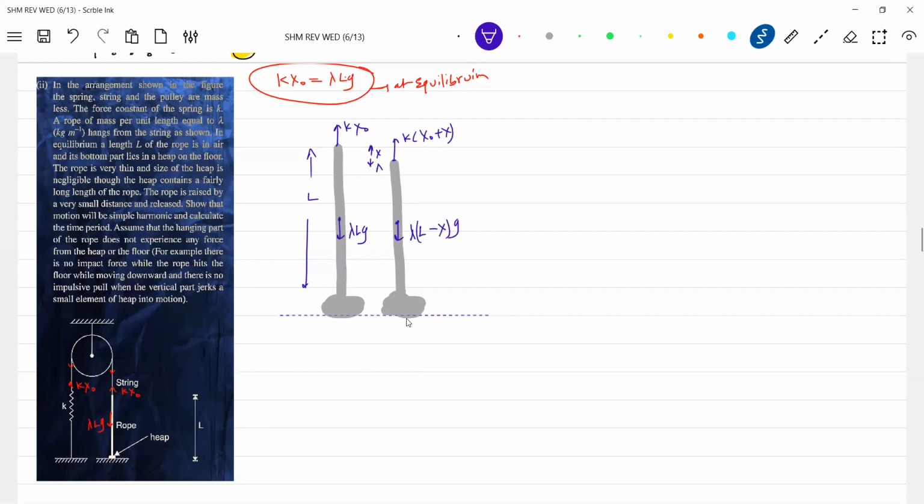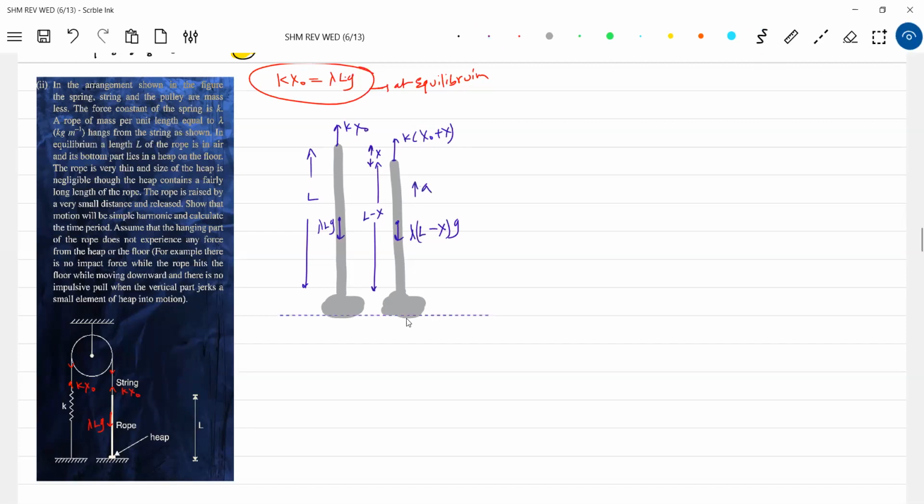So what is the length of this part of the rope? Will I agree? So now net force in what direction? Will be upward.